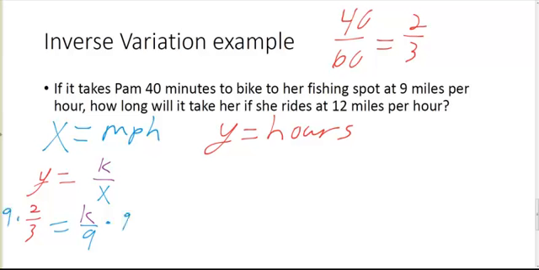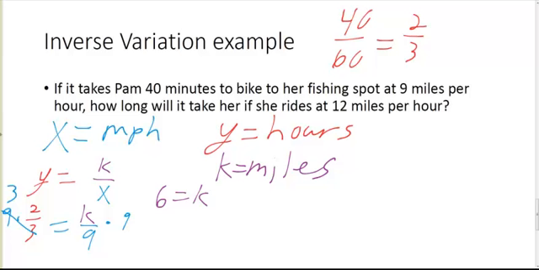We're going to do 9 divided by 3 to begin with to get 3. 3 times 2 is 6. So my k is 6. And what is that? K would be miles. So again, this kind of makes sense. She's riding 6 miles at 9 miles per hour, so it only takes her 40 minutes.